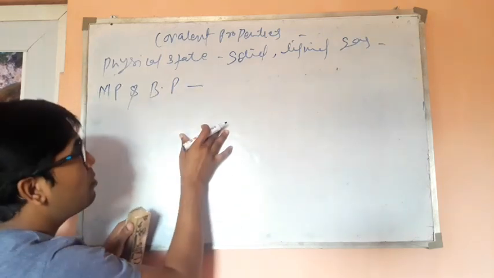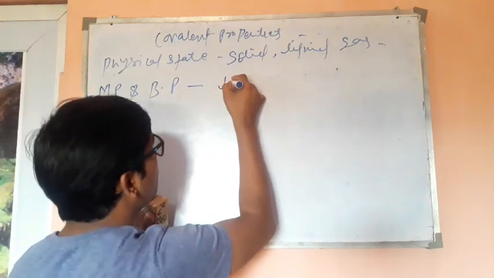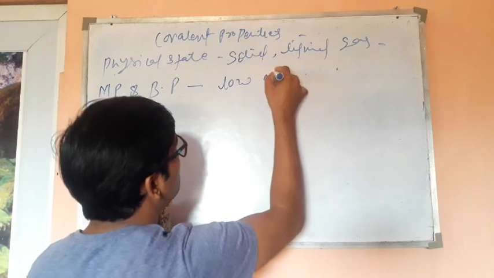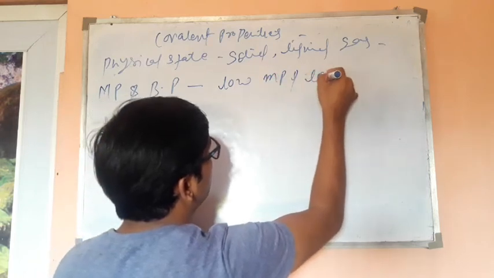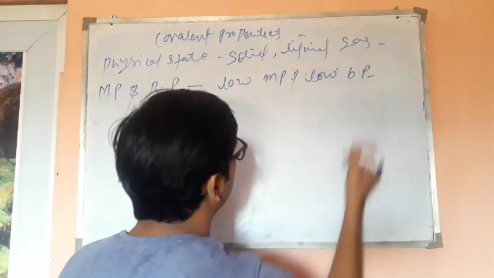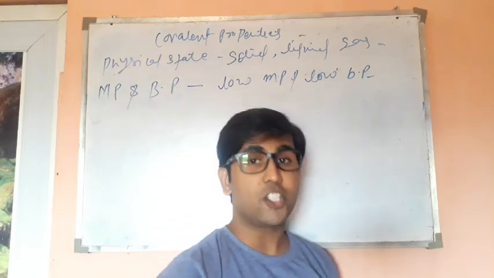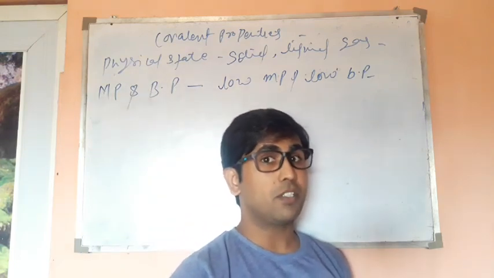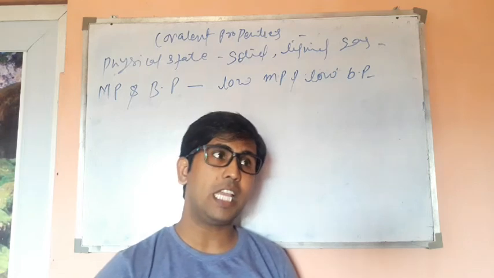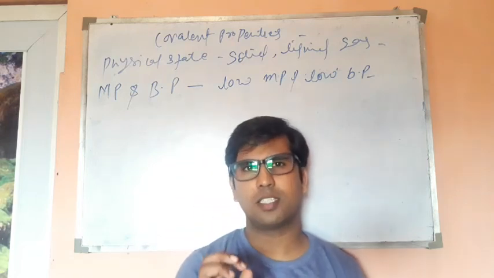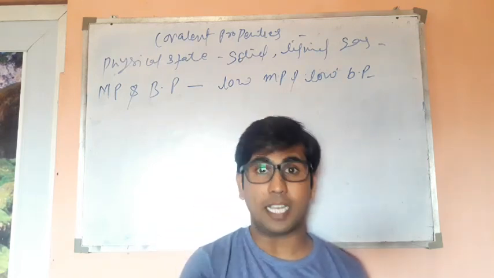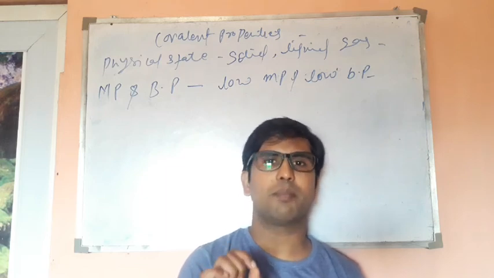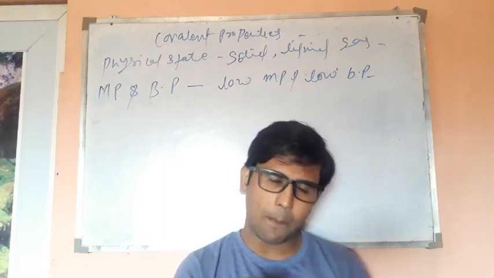In melting and boiling point, covalent compounds have a low melting point and low boiling point, since they share their electrons, and because of the sharing they need just an extra push of energy so that they can break apart.